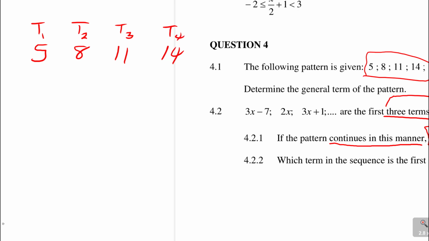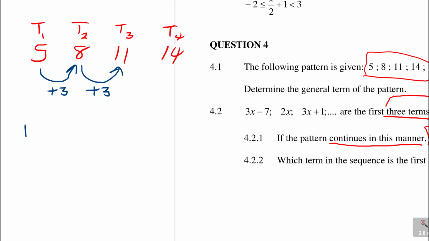Now for you to move from 5 to 8, we said plus 3. From 8 to 11, we said plus 3. Are you understanding what's happening? So now what you need to understand here is that if I want to find this term 3, what will it be?